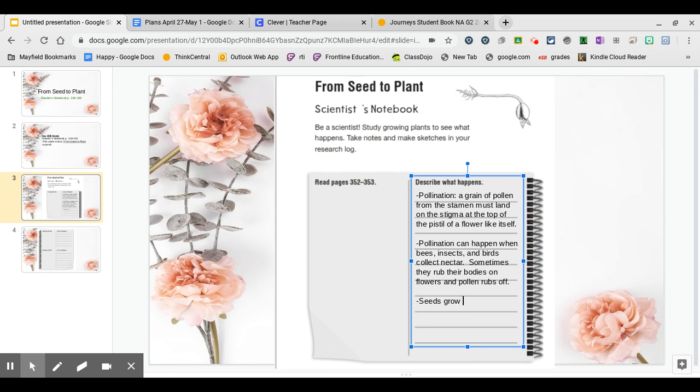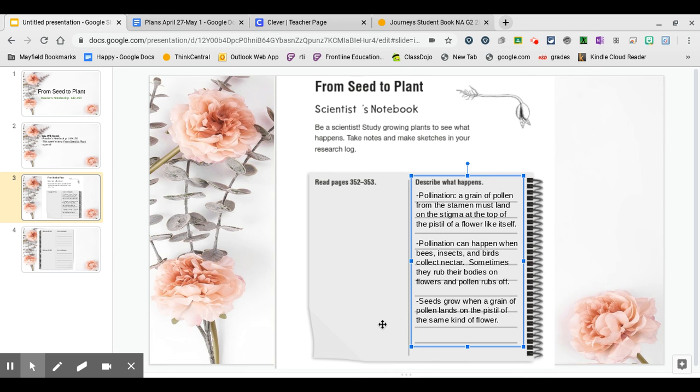Seeds grow when a grain of pollen lands on the pistil of the same kind of flower. Okay? Now, there were a lot more details there, but the main idea of this page was how seeds grow. All right, so you could draw a picture over here now, your sketch of how that seed grows.